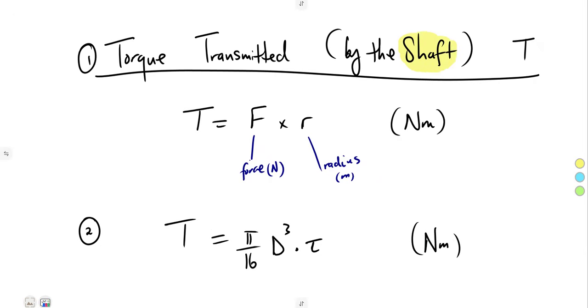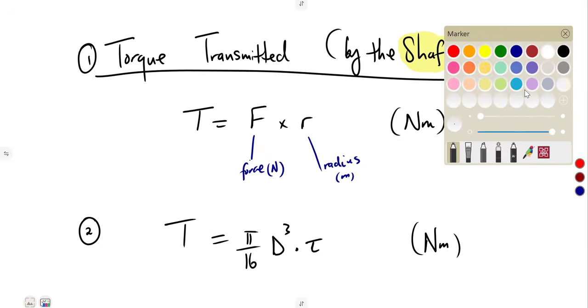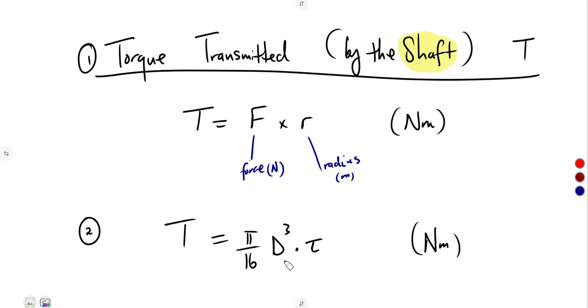So the diameter that you are considering is the diameter of the shaft, just like here, the radius is the radius of the shaft. So that's our shaft diameter in meters.